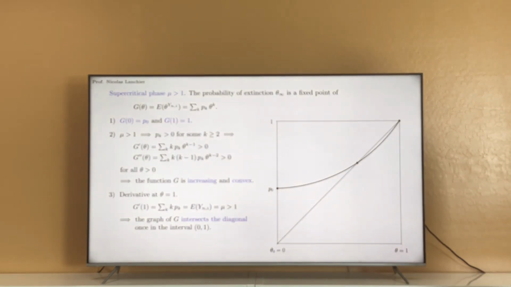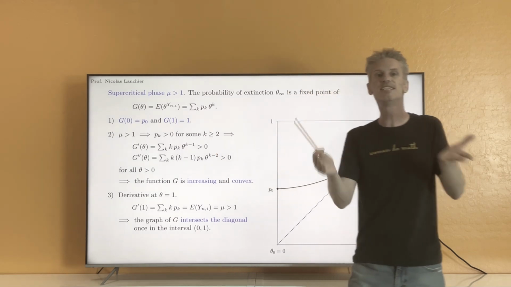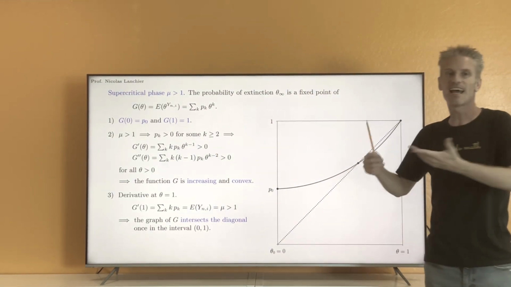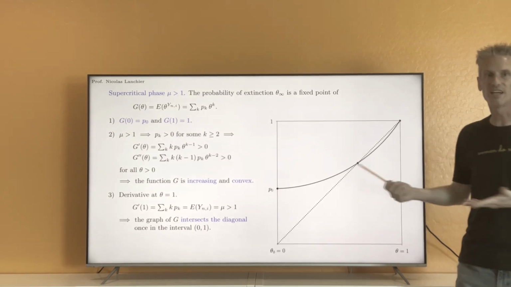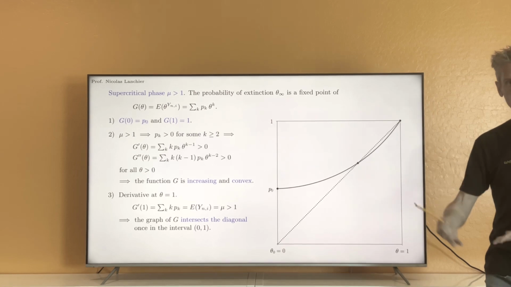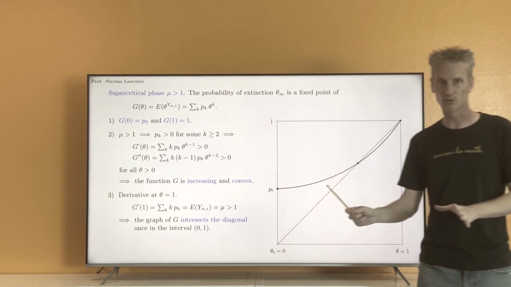Alright, so now because we don't have an explicit expression of the p_k, obviously we cannot exactly say what the value of the fixed point is. That depends strongly on the choice of the offspring distribution.